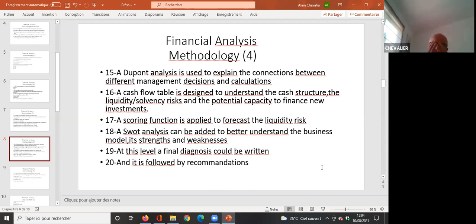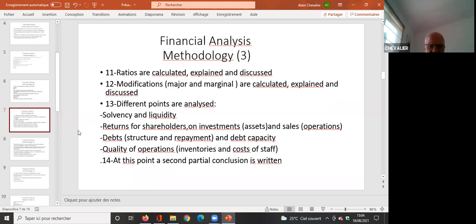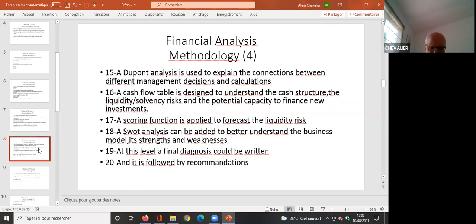And you understand that after a few words on the information needed, the balance sheet, the income statement, the check for quality, after the analysis of the balance sheet, after the analysis of the income statement, after what we did in slide number 3, which is mainly based on the ratio analysis, we can do some more.